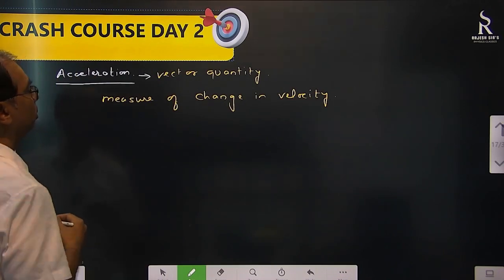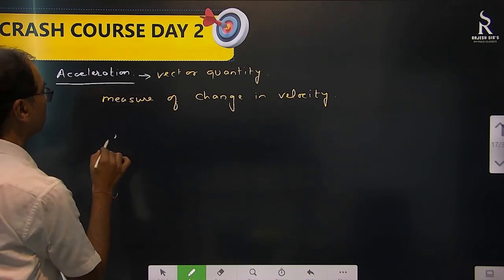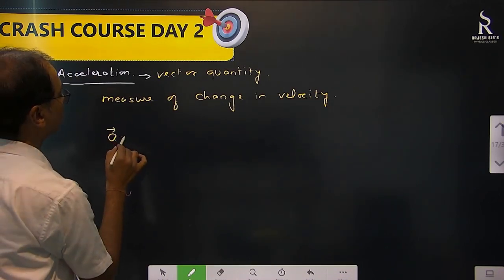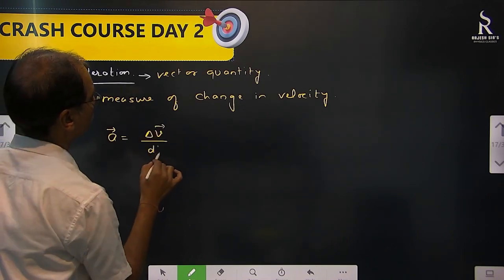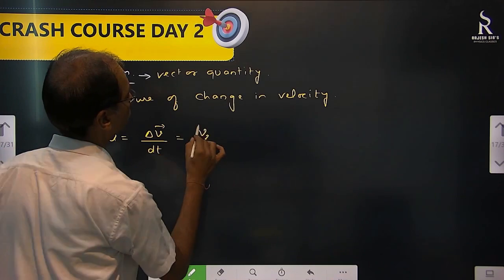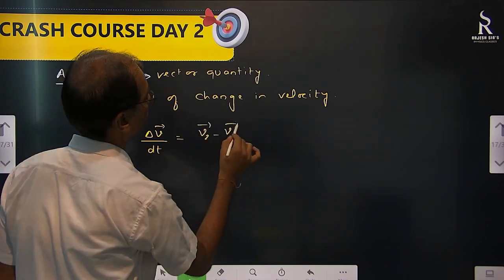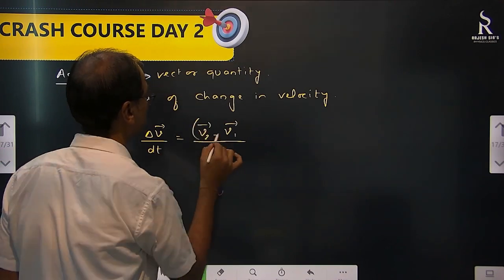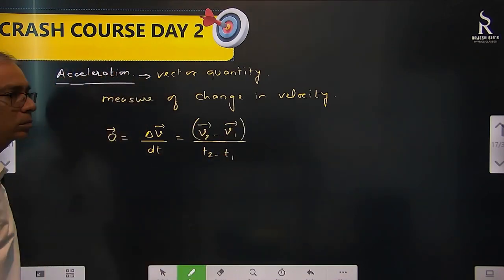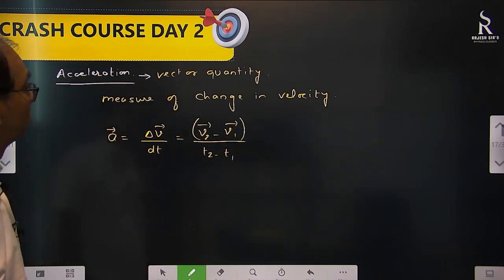So acceleration basically is delta V by delta t, or V2 minus V1 by T2 minus T1. So this is change in velocity.